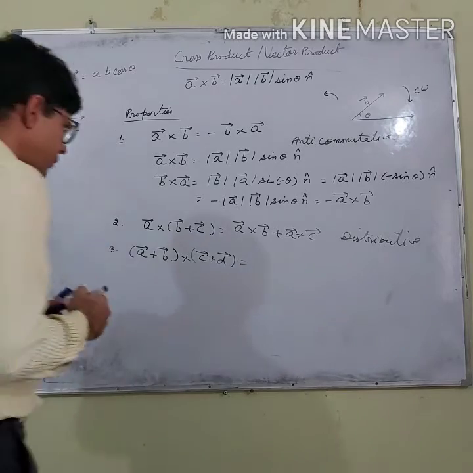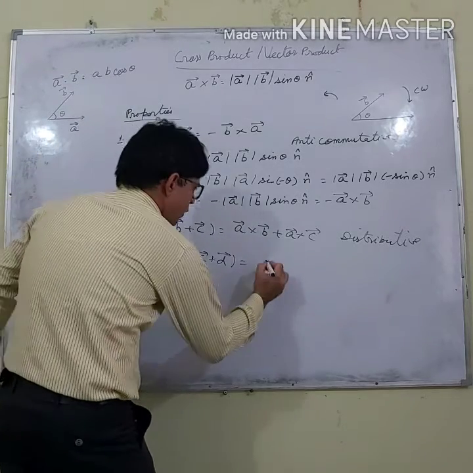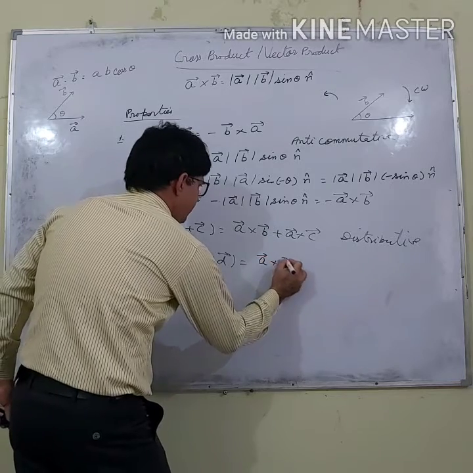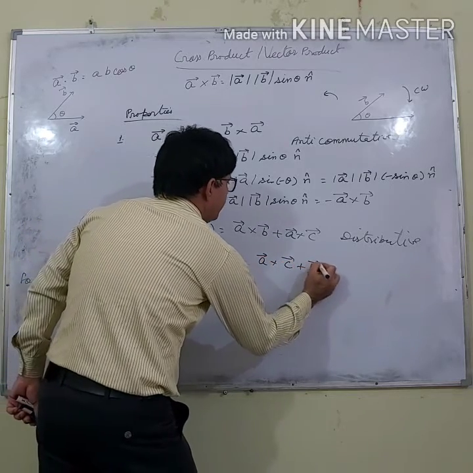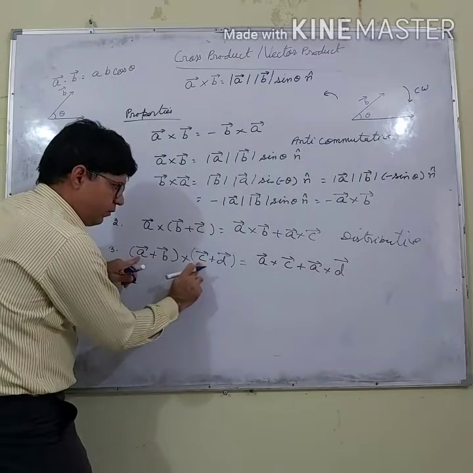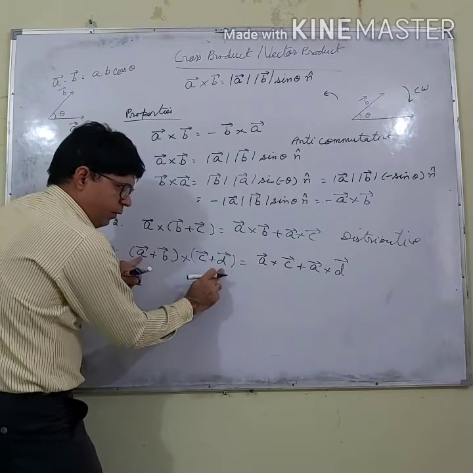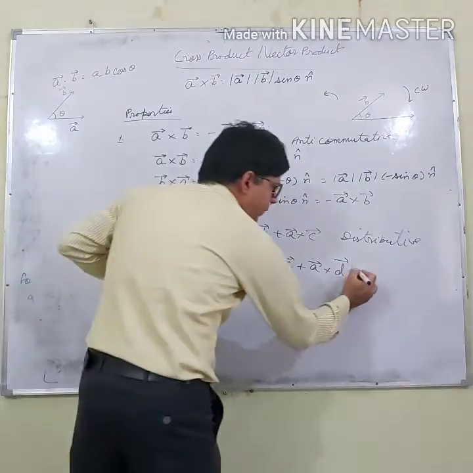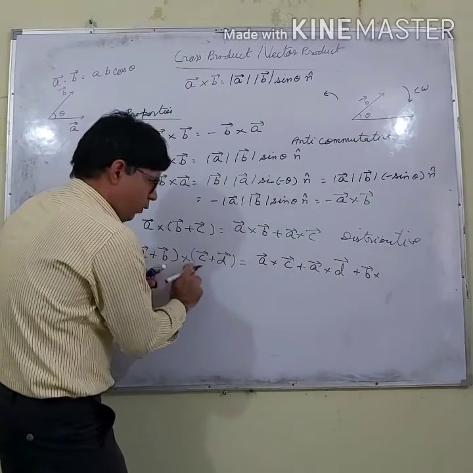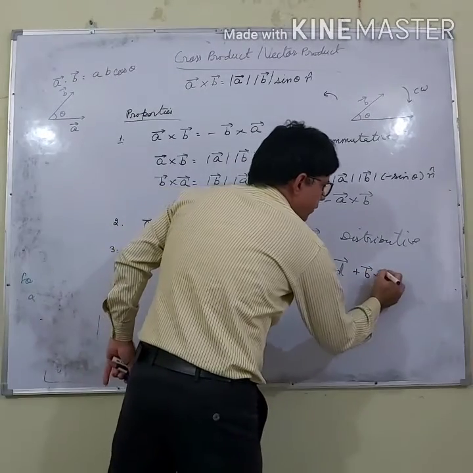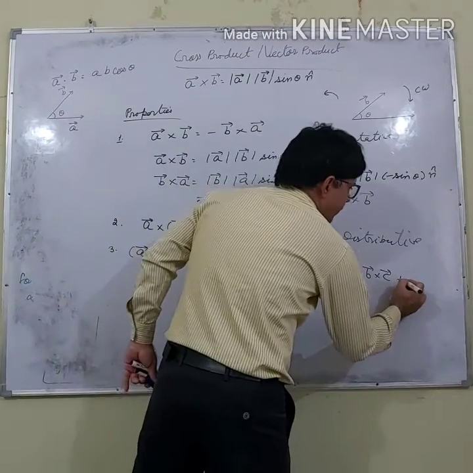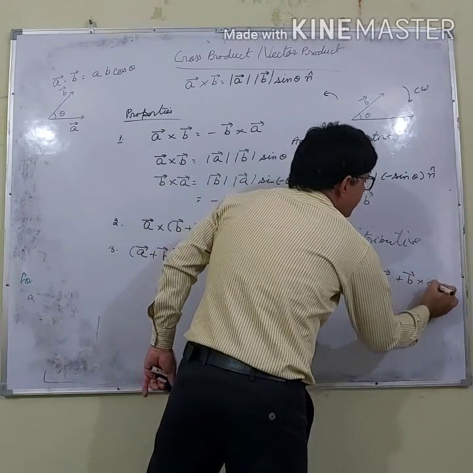It equals vector A cross C plus vector A cross D, and now the terms of vector B: vector B cross C, and again vector B cross D. So what does it mean?